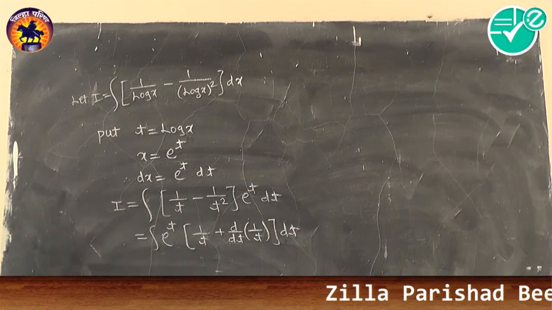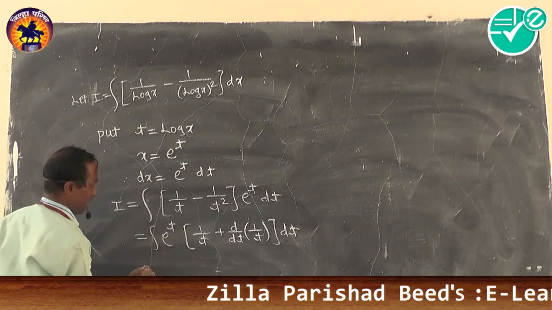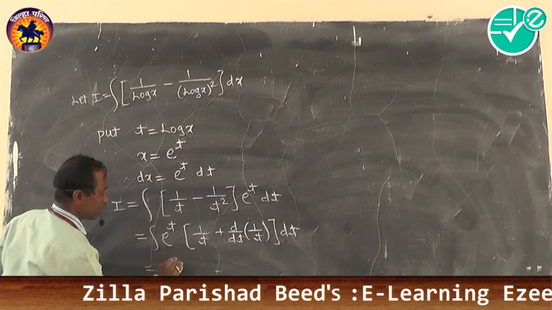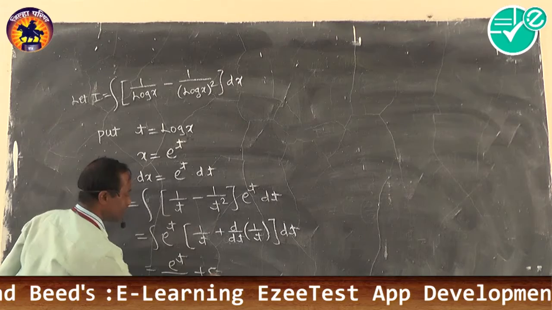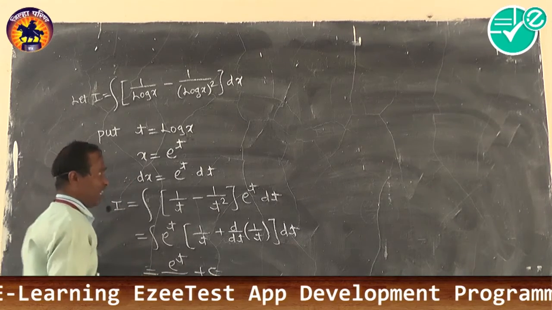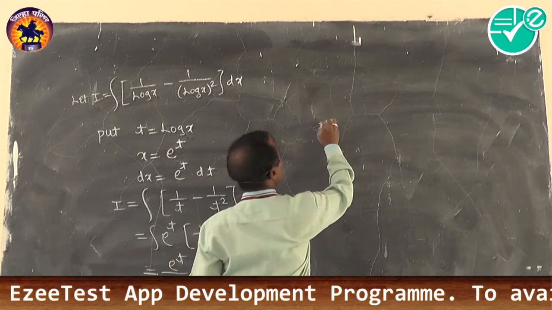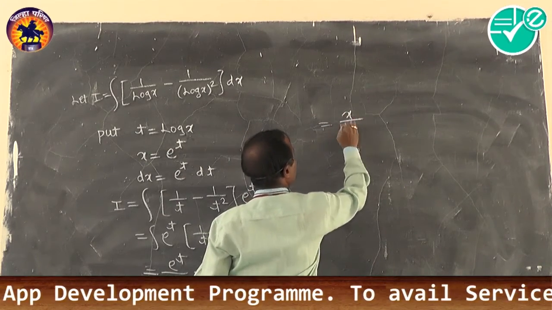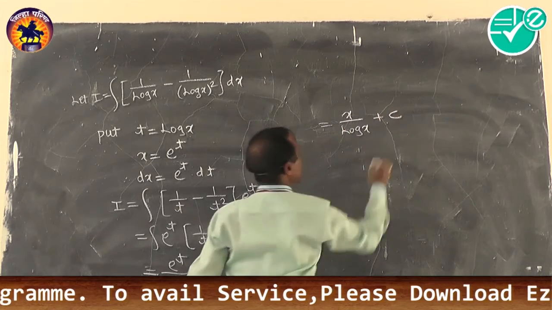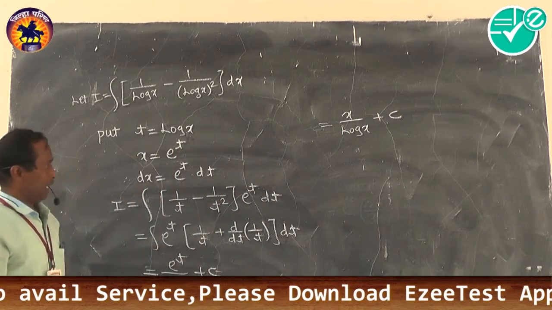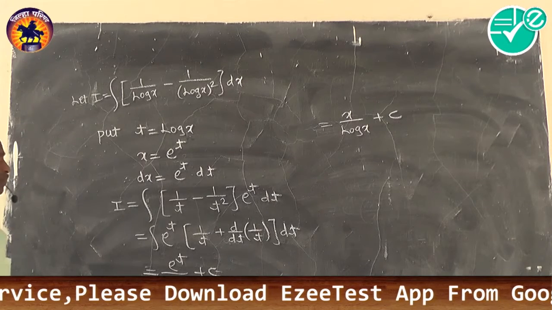Derivative of 1 by t is minus 1 by t square. We get e raised to t upon t plus c. And what is the value of e raised to t? x upon log x plus c. This is the integration of this function.